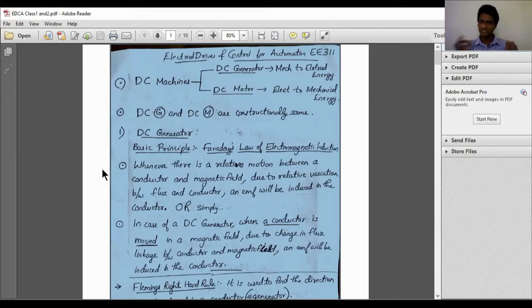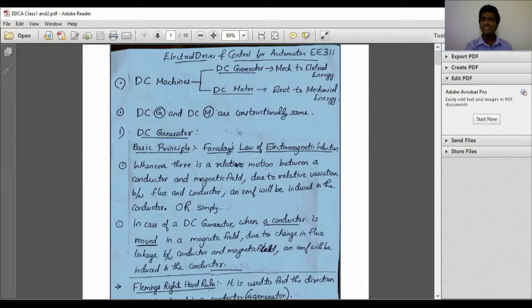In case of a DC generator, the basic principle is that this conductor is moved in a magnetic field. That magnetic field is a constant magnetic field. Then due to change in flux linkage, an EMF will be induced in my conductor. Clear? So let us have a look at the basic principle.